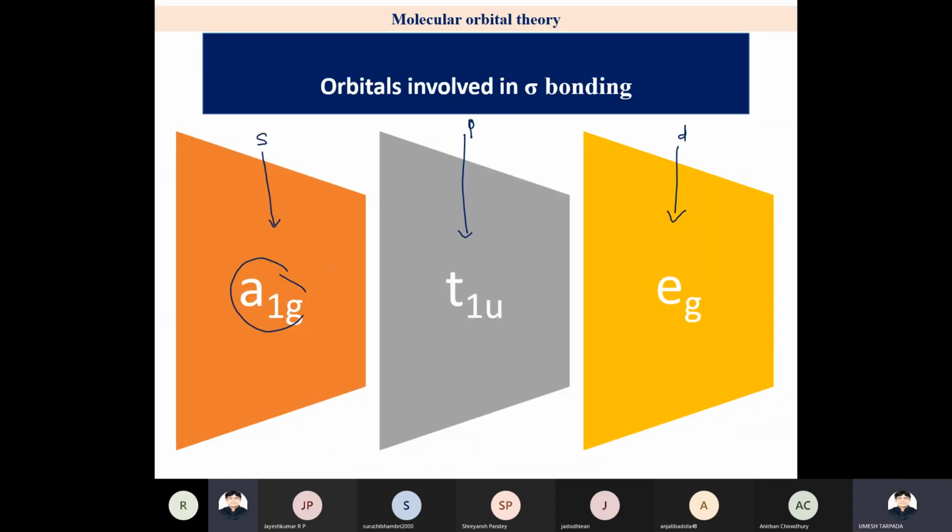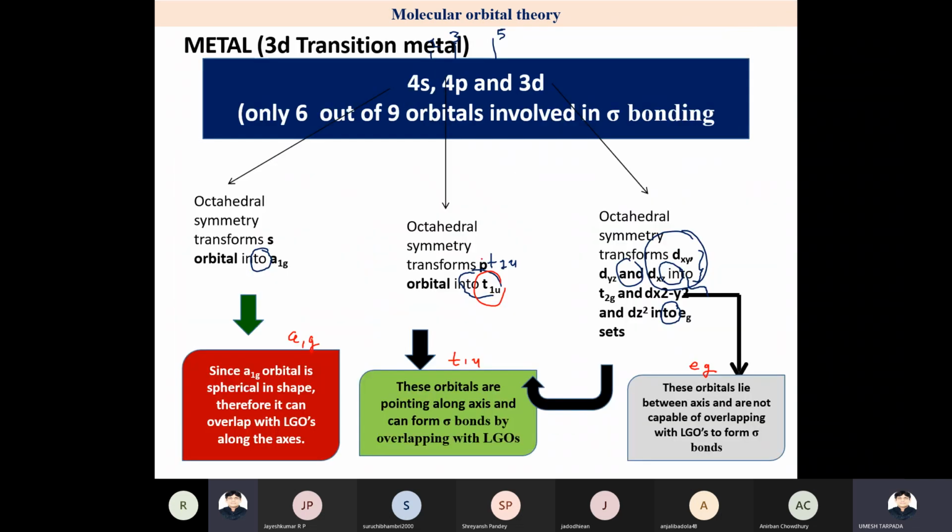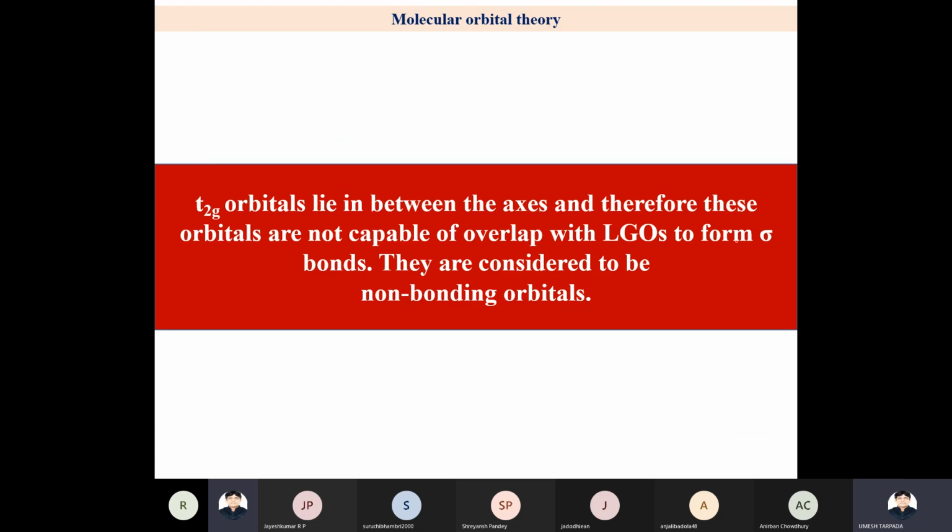So these three can form the sigma bond. T2g cannot be involved in the sigma bond. Remember, T2g cannot form a sigma bond, and that's why, whenever you go for its diagram, the T2g orbital lies between the axes and therefore it cannot form a sigma bond, because a sigma bond is formed along the axis, and T2g is not along the ligand axis.